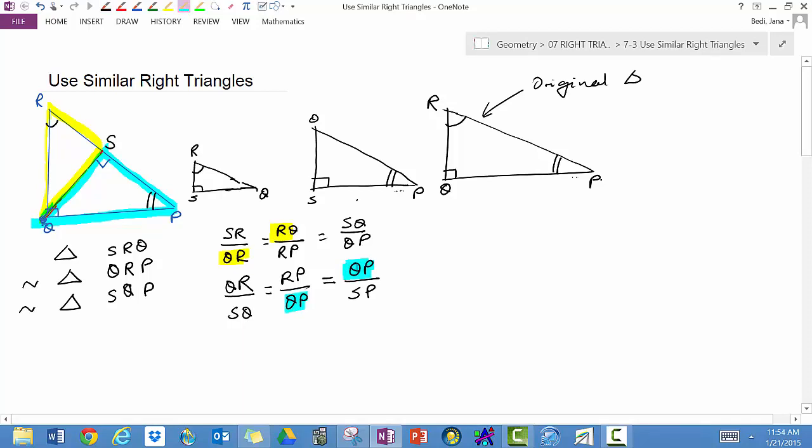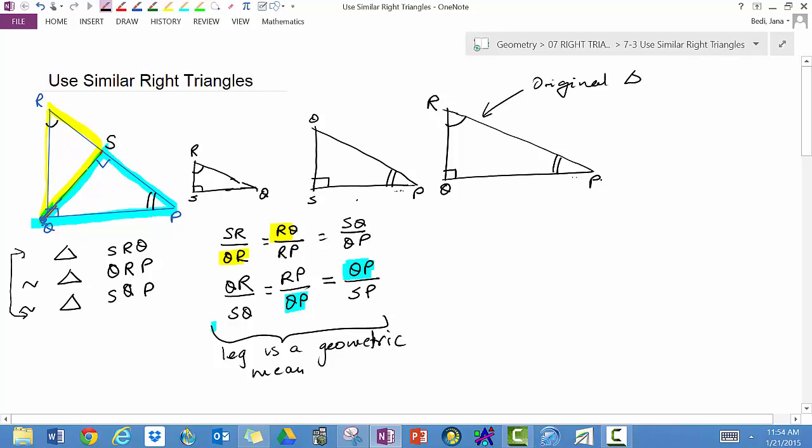And QP is the other leg of the original triangle, and it is the geometric mean between SP, which shares a common vertex with QP, and the whole hypotenuse, which is RP. So these two, this is a situation where the leg is a geometric mean.